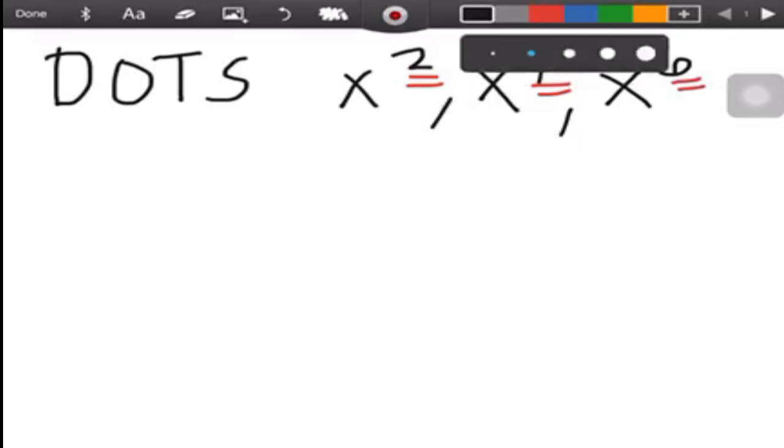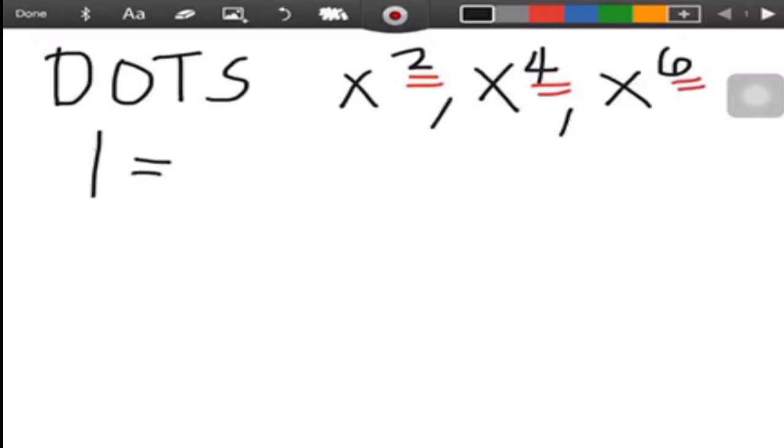How about for numbers? A number is considered a perfect square if the factor will be multiplied by itself. For example, we have 1. The factors of 1 are 1 times 1, so 1 is multiplied by itself. Next, 4. The factors of 4 are 2 times 2.